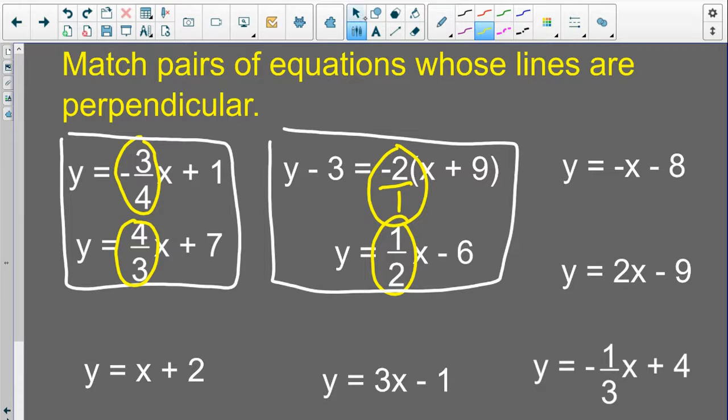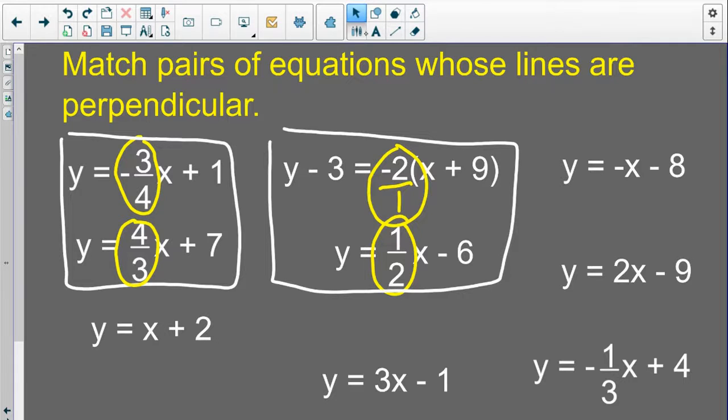Down at the bottom, I have this equation, y equals x plus 2. And I keep in mind that the slope here is 1 because it's 1x. And as a fraction, that means it's 1/1. So what would the opposite reciprocal of 1/1 look like? Well, this one is positive, so I'd need to find a slope that's negative.